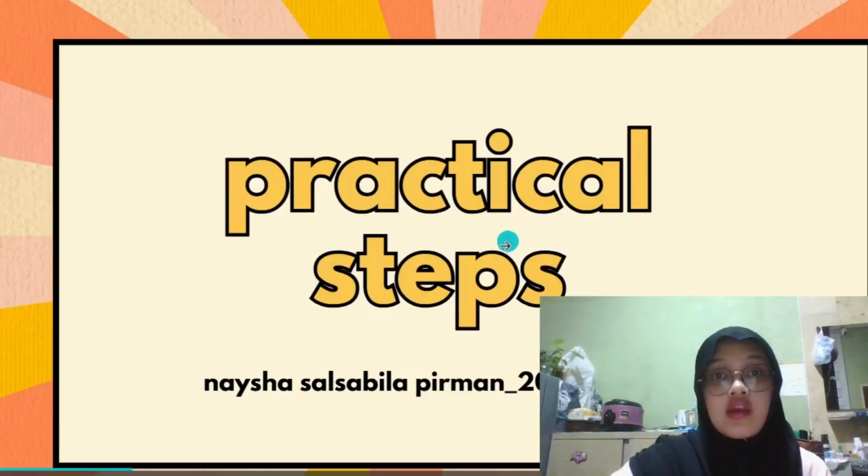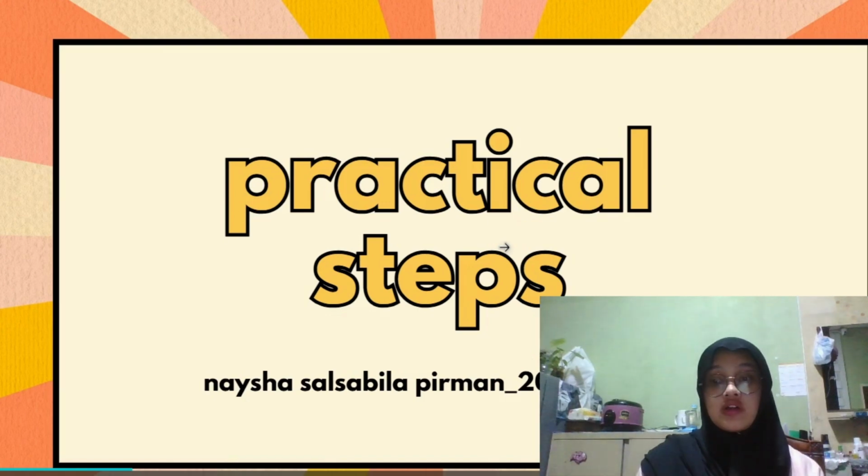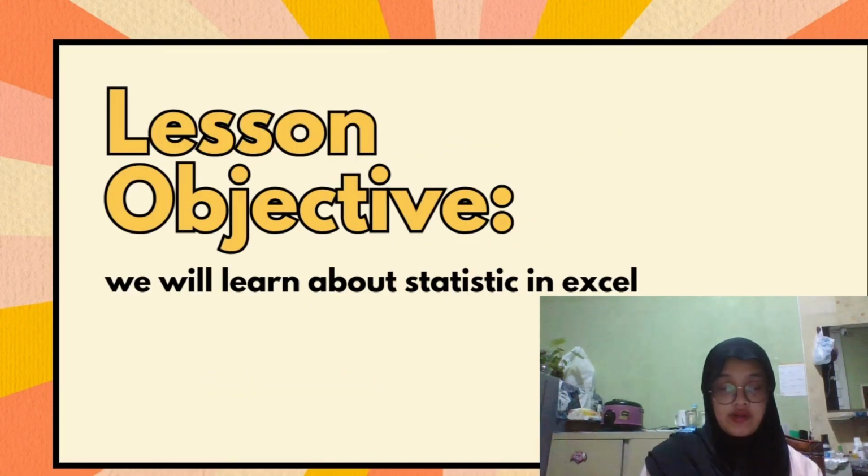our previous practical. So for that, I will make a step by step how to make statistic in Excel. So guys, first of all, you should. What we will learn in this video, we will learn about statistic in Excel, like formula to find maximum, minimum, range, and the other things.